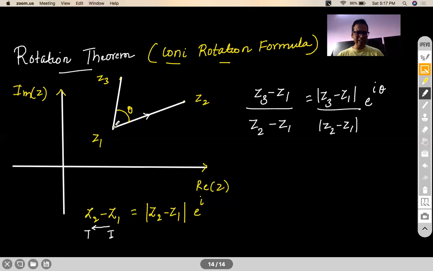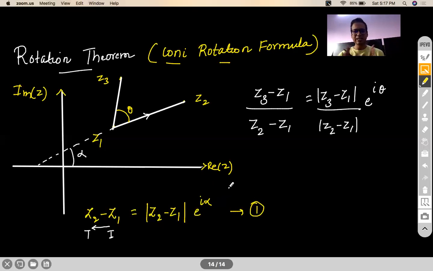So let's say if you extend this backward, let's say this angle is alpha. Okay. So this will become alpha over here. Let me remove this. It is coming in the way. Right? Is this clear to everybody?